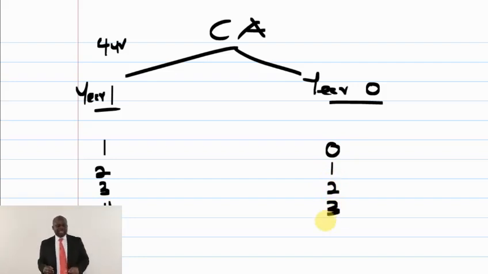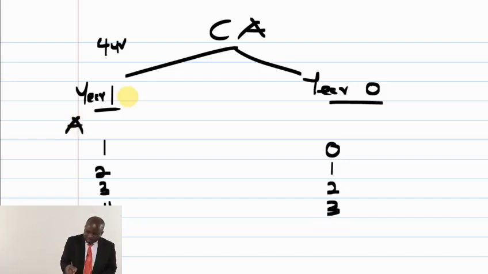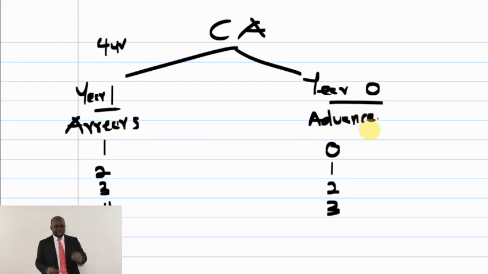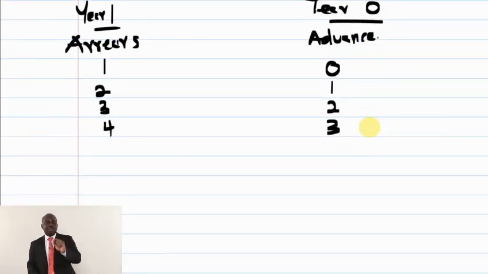In other words, the examiner will say capital allowance is supposed to be claimed in arrears, or is supposed to be claimed in advance. So when he tells you it is claimed in arrears, year 1. In advance, year 0. In other words, the examiner will give you the accounting date.